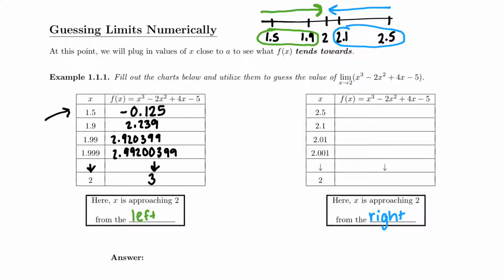So we'll start with 2.5, and we get 8.125. We try 2.1, and we get 3.841. 2.01, we get 3.080401.